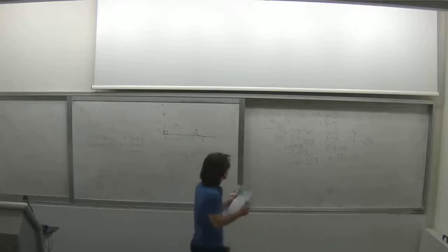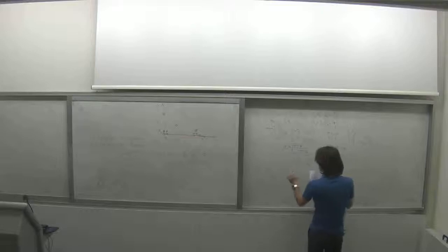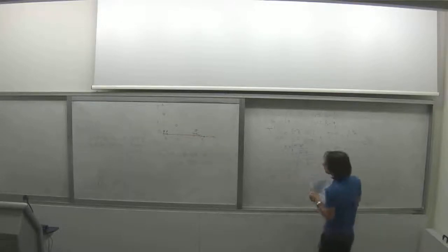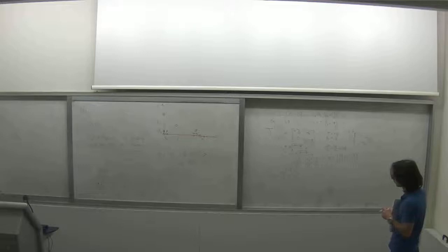Okay, so then we have J at 0, 2. But this time you will cross it, right?